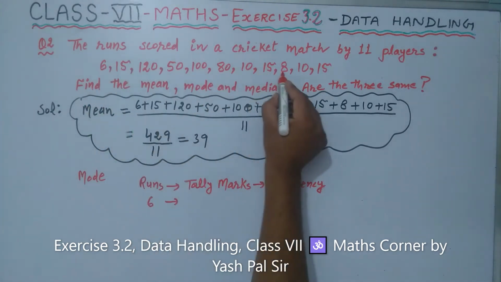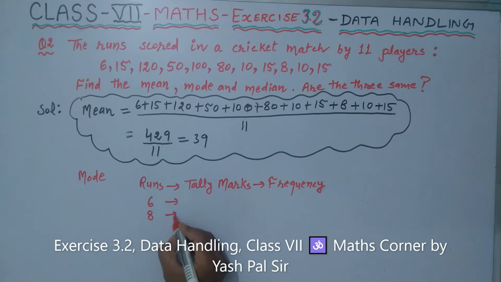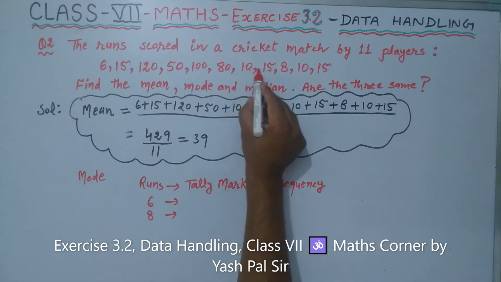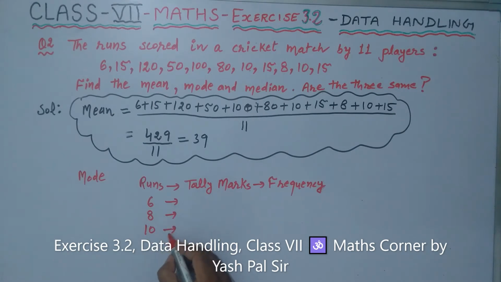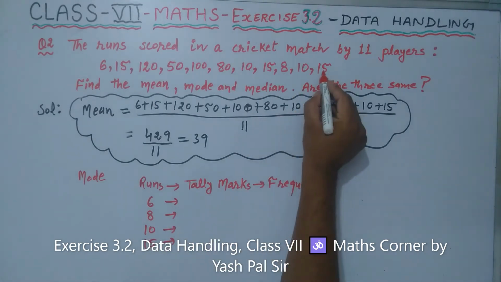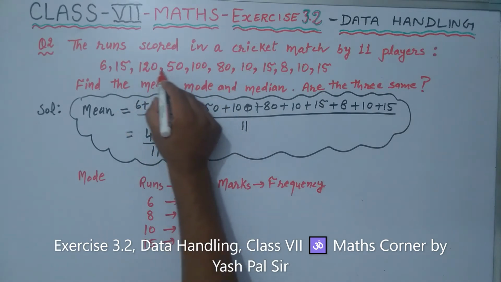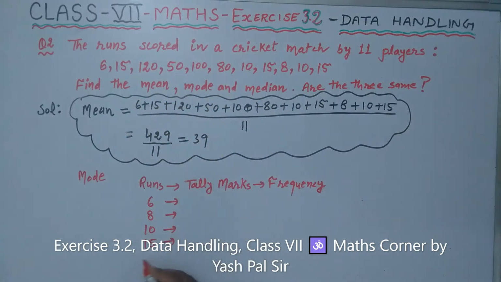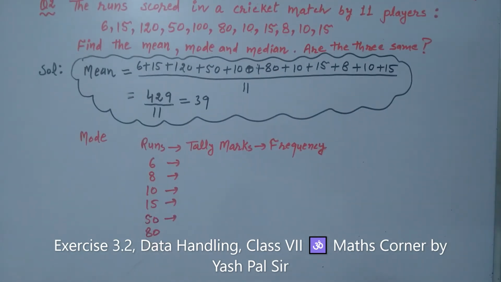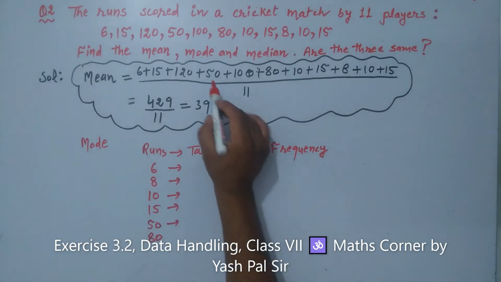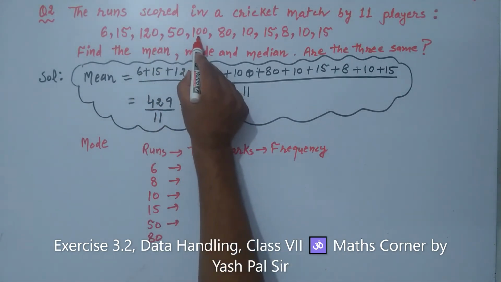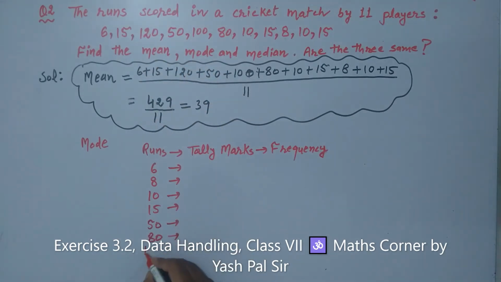Next, after 6, this is 8. After 8, we have 10, then 15. After 15, we have 50, then 80. After 80, we have 100, then 120.